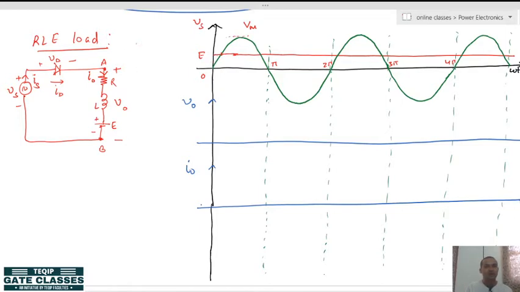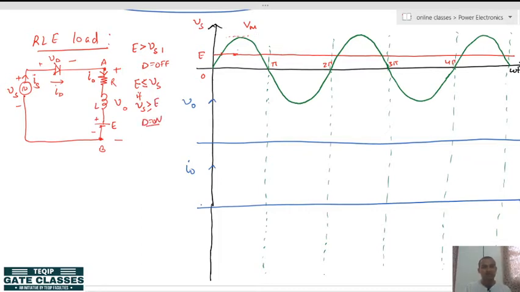Till the time E is greater than the source voltage, the diode will remain off, because E causes the diode to be reverse biased. As soon as E is less than or equal to the source voltage, in other words if the source voltage is greater than or equal to E, the diode will turn on.